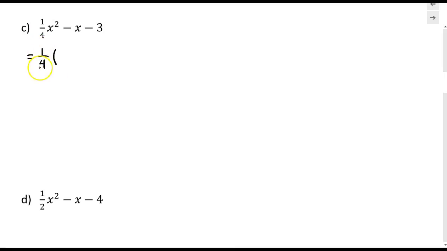Now, remember that dividing by a fraction is like multiplying by the reciprocal. And the reciprocal is basically the value that needs to equal 1 when we multiply those two things together. So if I'm dealing with 1/4 and I need it to equal 1 by multiplying some value, I need something that's going to cancel out with my 4, or turn this into 4/4, is another way of thinking about it.